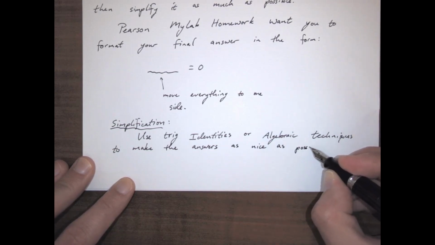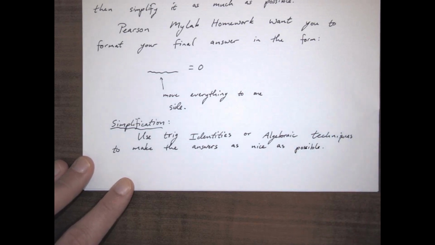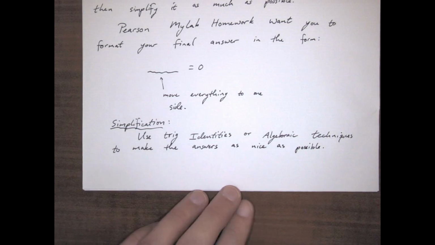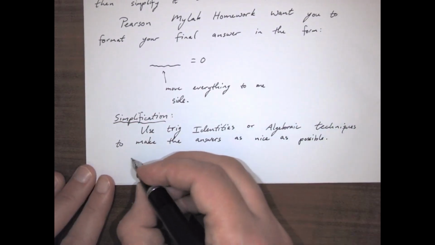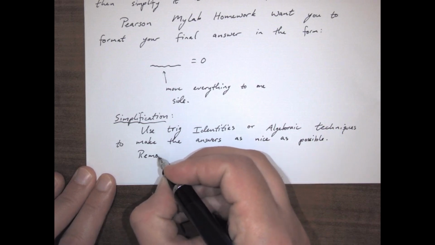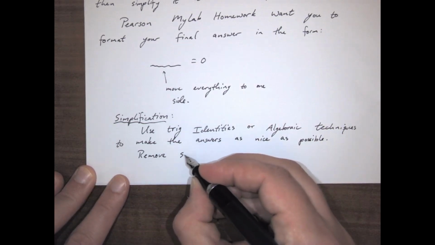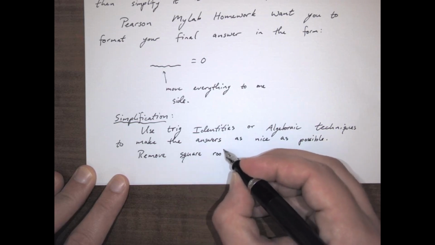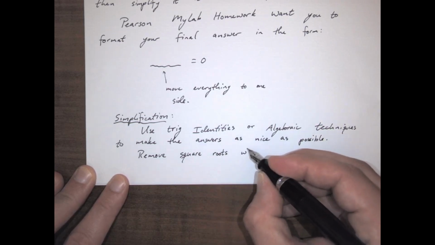In particular, one thing we want to avoid, if we can, is square roots. So we can remove square roots when possible.